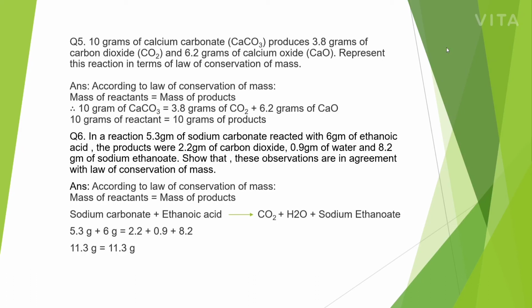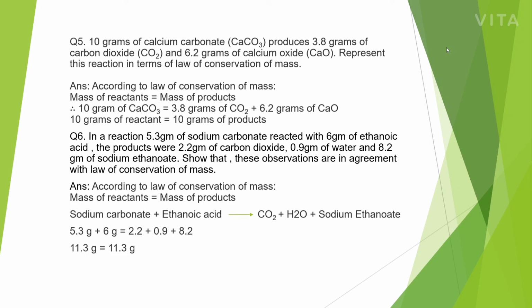Now the mass of sodium carbonate and ethanoic acid should be equal to the mass of carbon dioxide, water and sodium ethanoate. So mass of sodium carbonate is 5.3 grams and the mass of ethanoic acid is 6 grams. So 5.3 grams plus 6 grams should be equal to the mass of carbon dioxide, that is 2.2 grams, plus mass of water, that is 0.9 grams, and mass of sodium ethanoate, that is 8.2 grams.